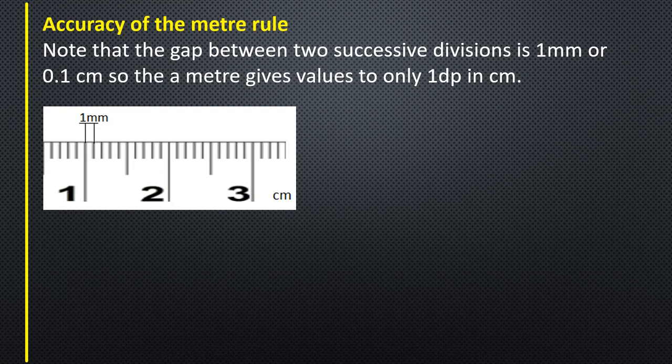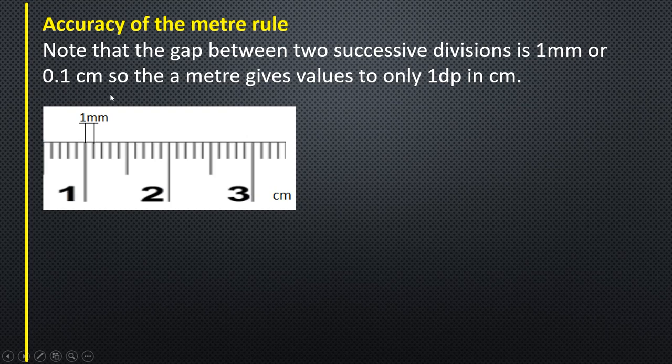Now, if we look at a meter rule, these are the divisions or the markings. From here to here, it is 1 millimeter wide or 0.1 centimeter.